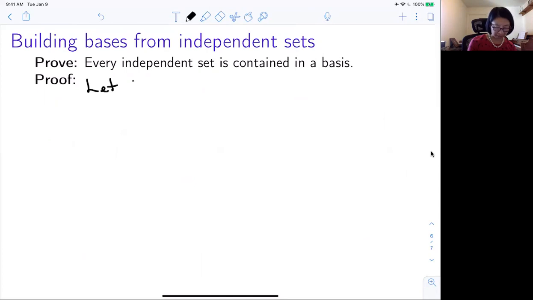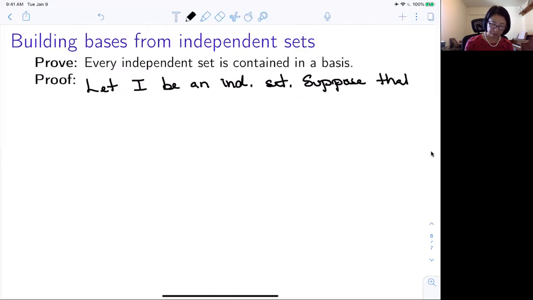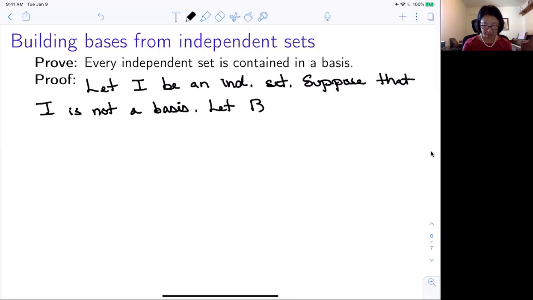Let I be an independent set, and suppose it's not a basis. Let B be any basis.